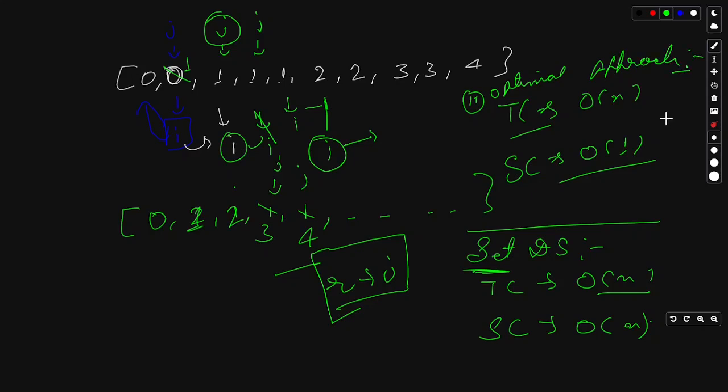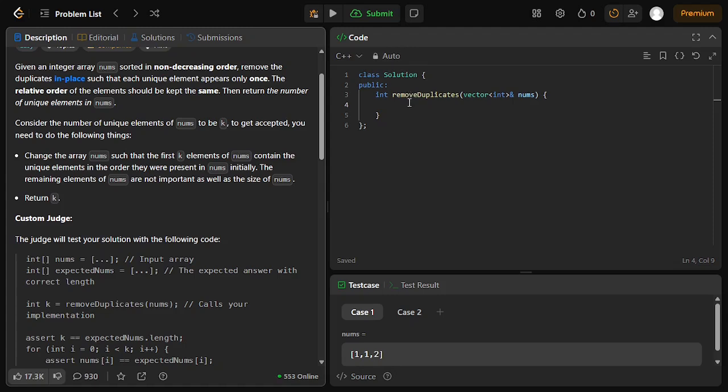That's it. Now let us implement the logic and see if it works. I will be implementing the optimal solution, or let me say the two pointer approach, int j.